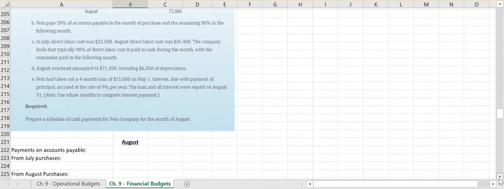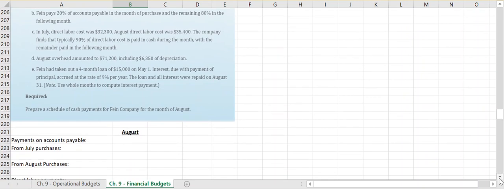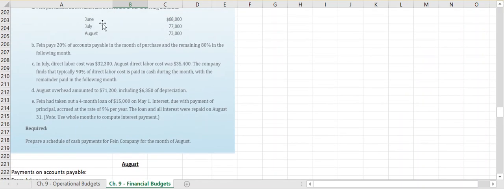So we've got a 2-month payment process for our on-account purchases. If we're looking at June, 20% of that $68,000 would have been paid in June, which means 80% would have been paid in July, nothing left to be paid in August. In July, we buy $77,000 on account in direct material purchases.